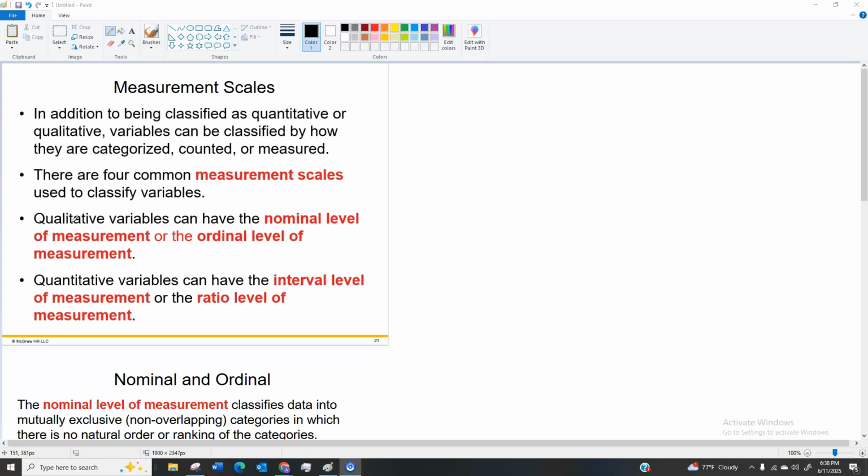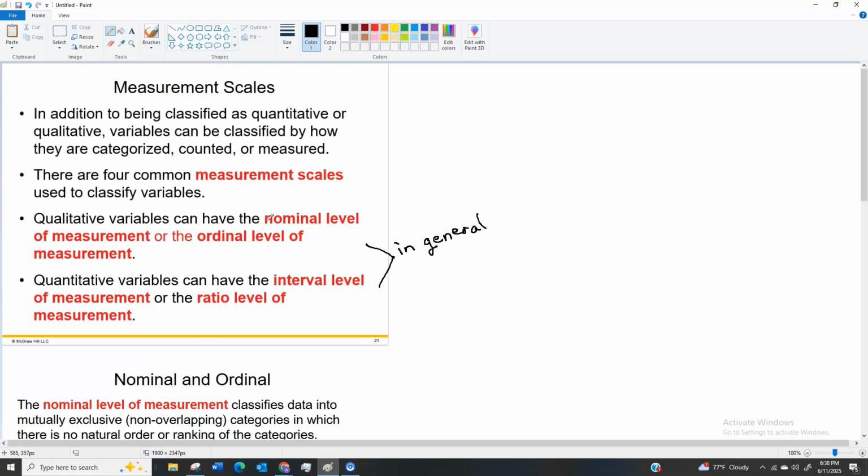Now, it says here qualitative variables can have the nominal level or the ordinal level. That I will agree with. But it does say here that quantitative variables can have the interval or the ratio. There is a little bit of overlap here. Quantitative variables can only go to ordinal. This isn't a hard and fast rule. It's just kind of a general. Okay, so I'm just going to put that over here.